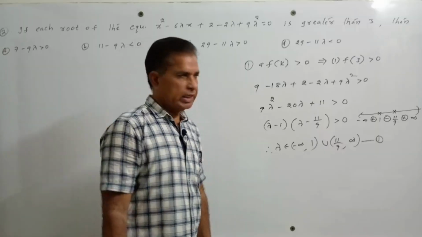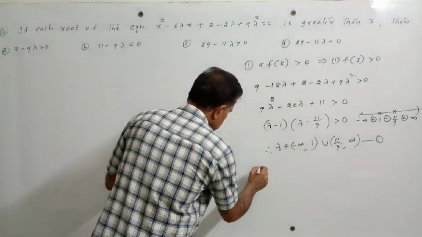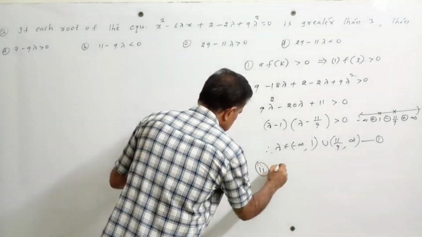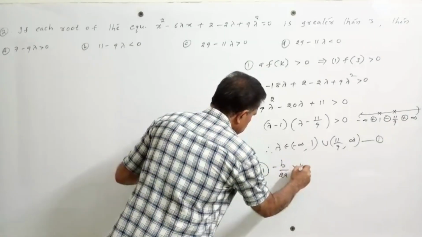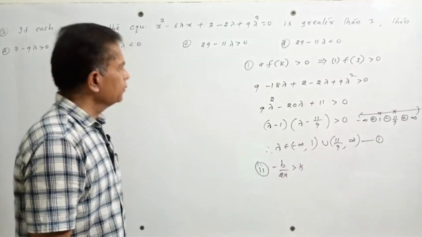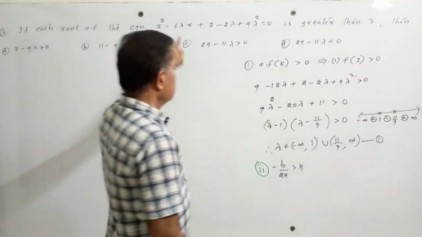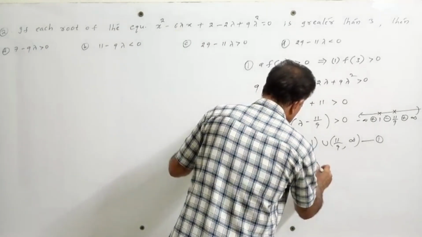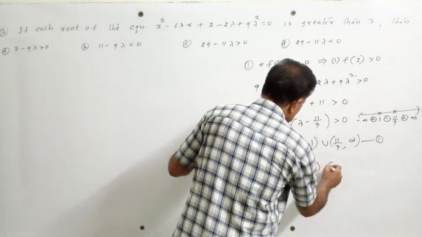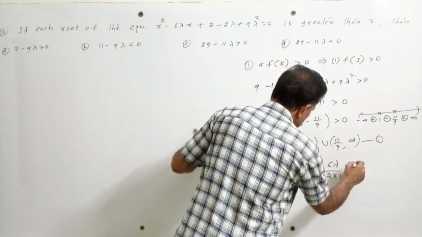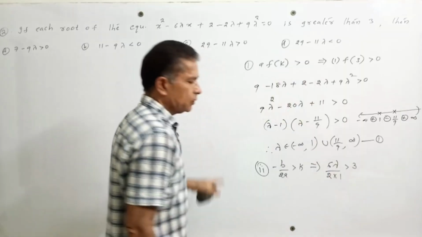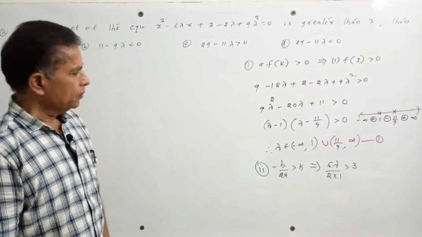Let us go for the second condition. Second condition is minus b by 2a must be greater than k. Minus b by 2a becomes minus of minus 6 lambda, 2 into a becomes 1, that must be greater than 3. K means 3.